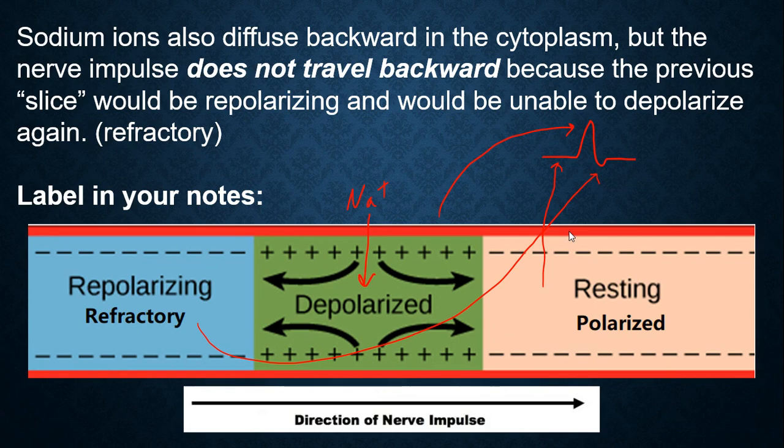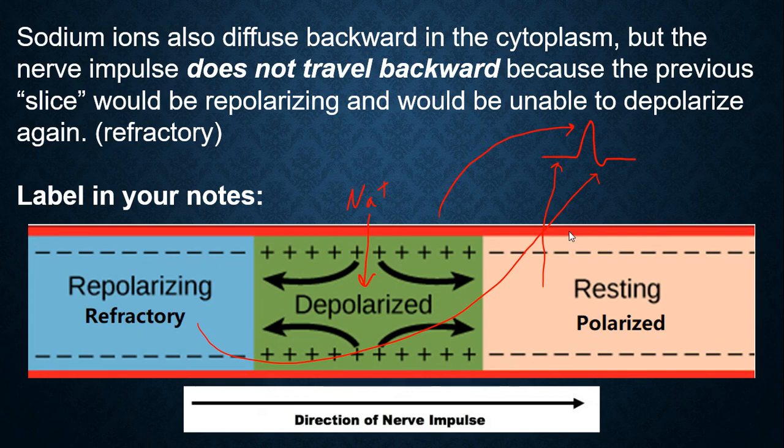And in this way, the action potential is going to continue to move forward. It cannot move backwards because the section of neuron that just depolarized immediately goes into refractory. Okay, and it can't generate another action potential for about 2 milliseconds.